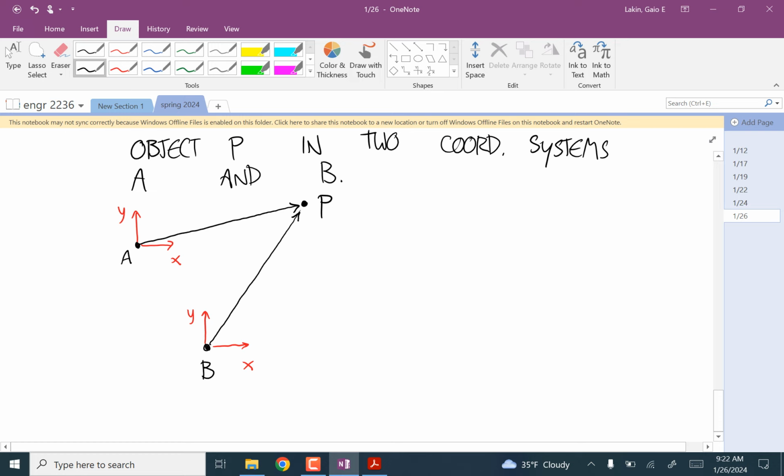And now here's the naming convention for these. This is the position of P observed by A relative to A. And so that's the notation. Position of P relative to A. And now that means that this one is the position of P relative to B.